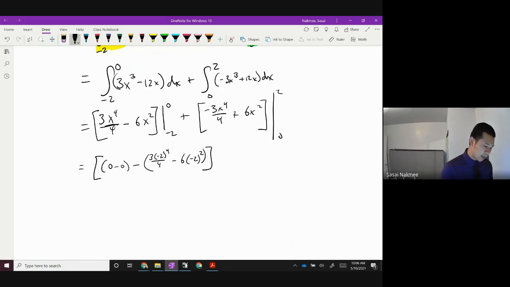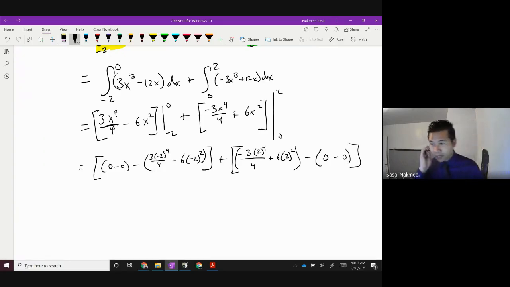Plus, this one over here is going to be -3 times 2 to the fourth over 4 plus 6 times 2 squared, whatever that's going to be, minus, and then when I plug in the zeros, that's going to give me a 0 there. Okay, so evaluating this out, let's see here.